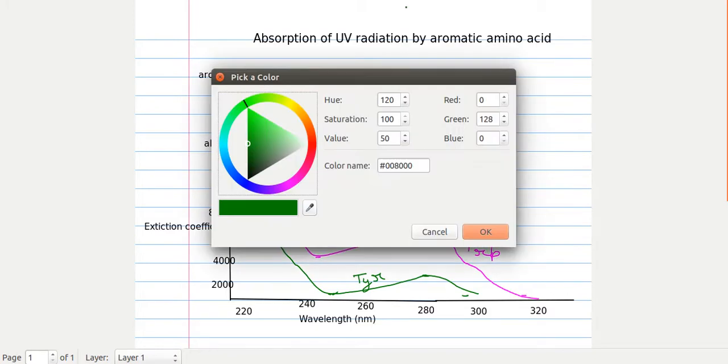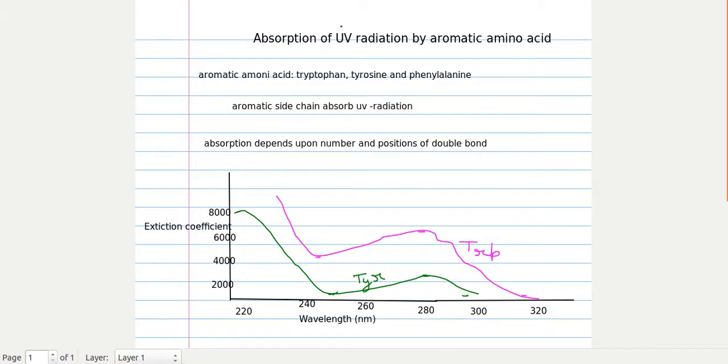Our topic for the discussion is absorption of UV radiations by aromatic amino acids. So, aromatic amino acids, why do aromatic amino acids absorb UV radiation?